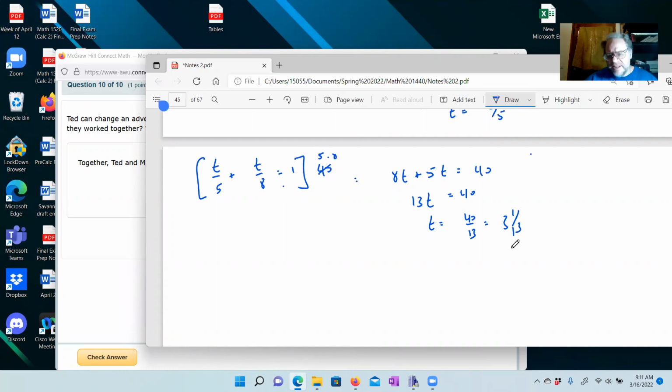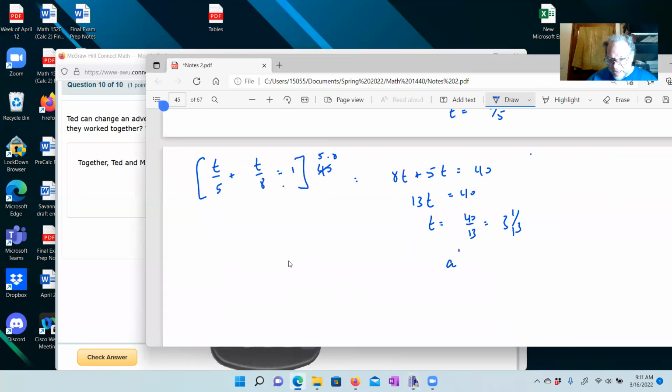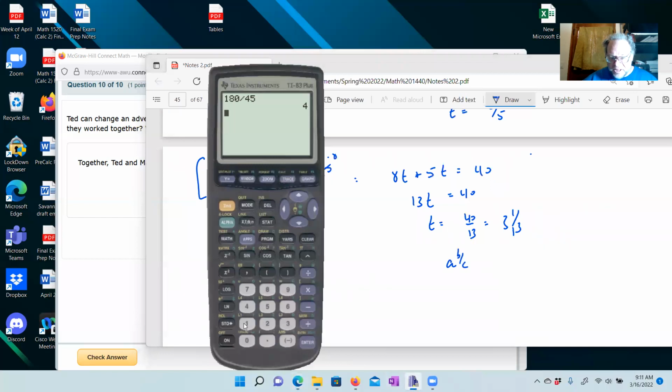Okay. Now you don't have to do that. Watch this. Even if you have a smaller calculator, it still has an ABC button like that. So you could type in 40/13, enter, and you say, well, this answer doesn't look like that.